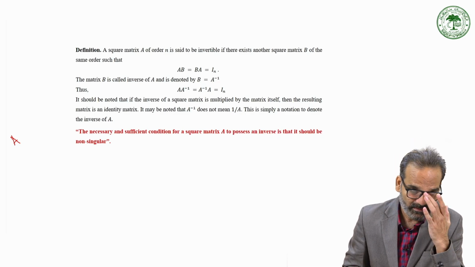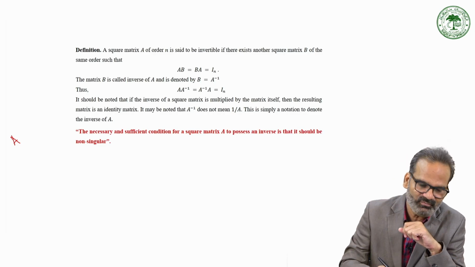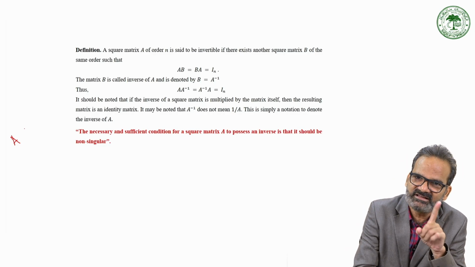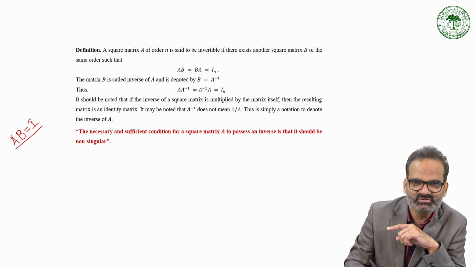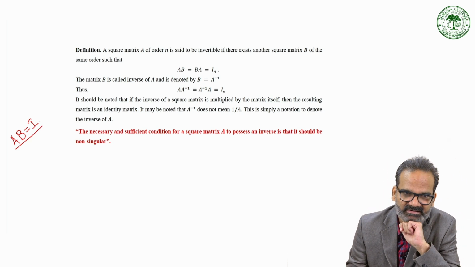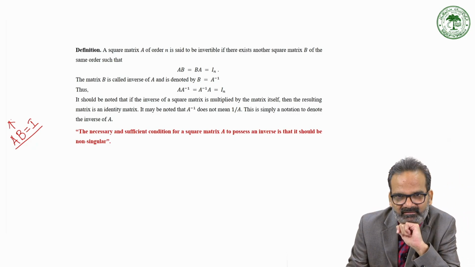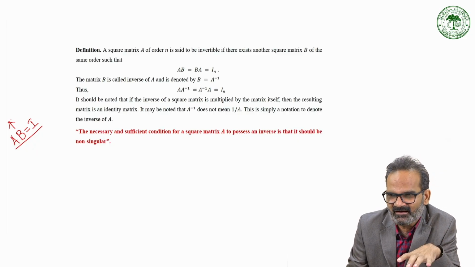To find out its inverse, we will have to find another matrix B that should be square and of the same order, such that if these two matrices are multiplied, then the product should give you an identity matrix. Then B is called the inverse of A. Actually, both are inverses of each other. B is the inverse of A and A can also be taken as the inverse of B.